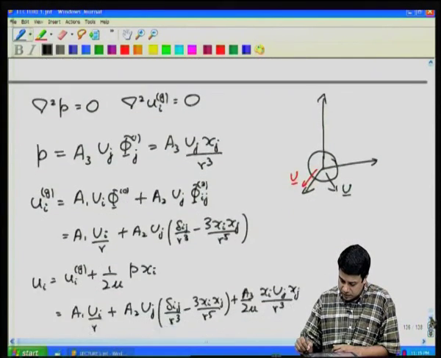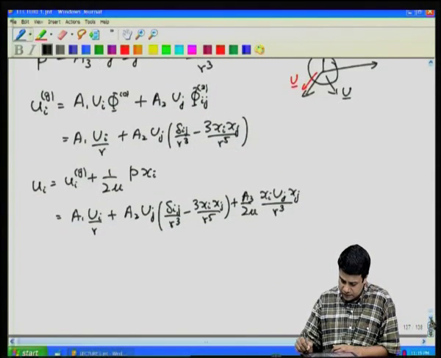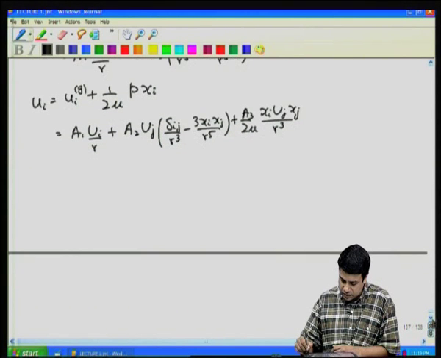Now, there are two things here. First of all, these coefficients can of course be determined from the boundary conditions.